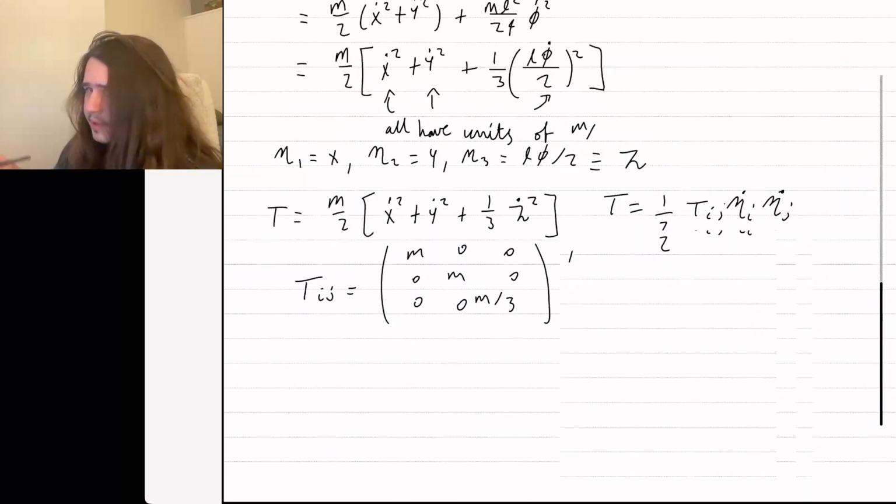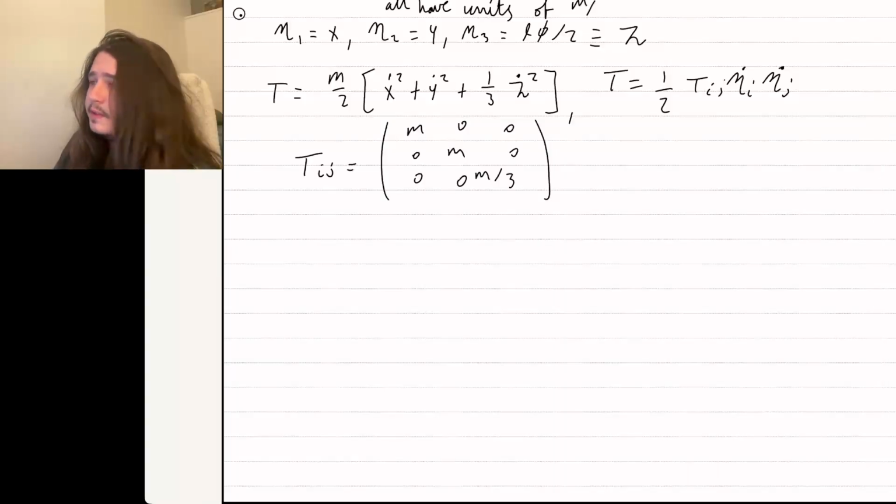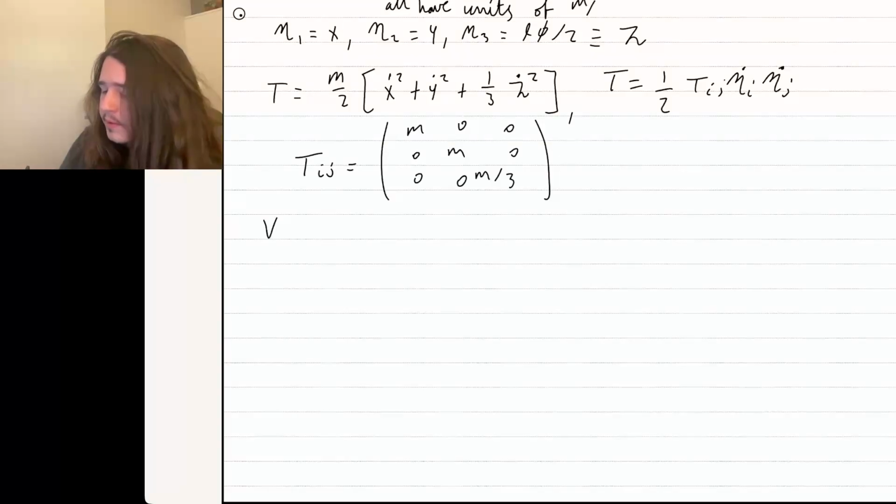And I think now we're going to get to the bulk part of the video, which is actually calculating the potential energy matrix. So remember the formula for potential energy is going to include gravity, which I don't think we really need to include if we want to get the right motion of this, but we'll include it just for fun. So I'm calling it minus m g times y plus y naught.